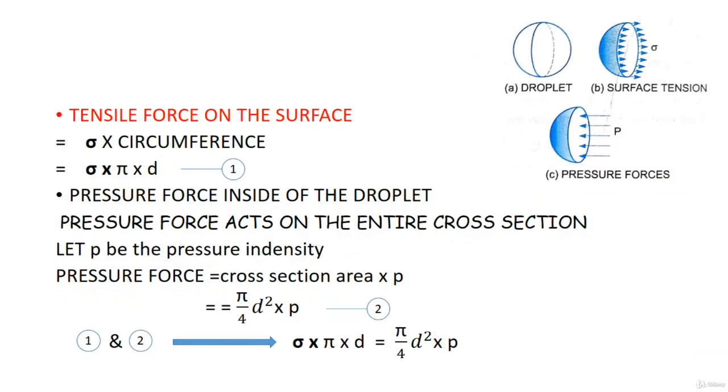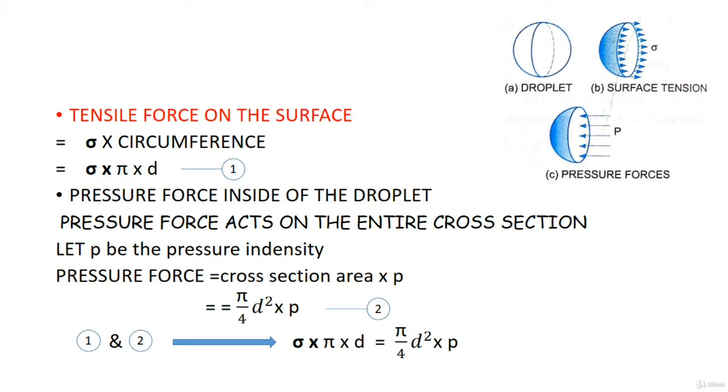Now we are going to estimate the entire tensile force acting on the surface due to surface tension. Let sigma be the surface tension, then the entire tensile force is equal to sigma into circumference, because the surface tension acts only through the circumference of the liquid droplet. That is equal to sigma into pi into d. Now we have to estimate the pressure force inside the droplet. Pressure force acts through the entire cross section of the droplet.